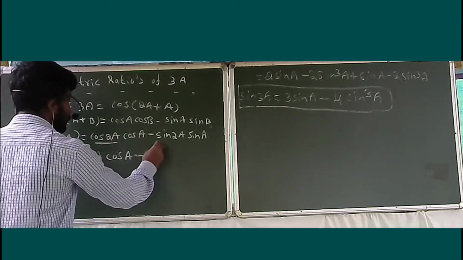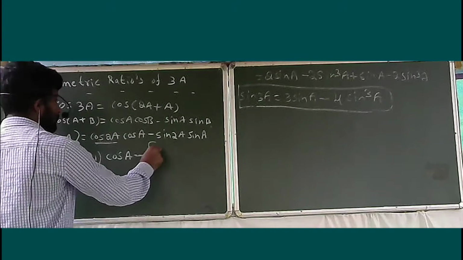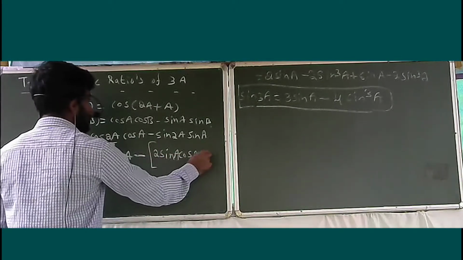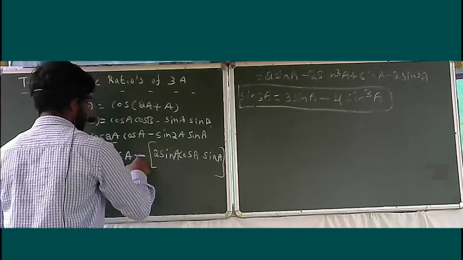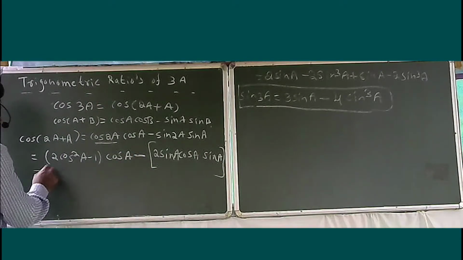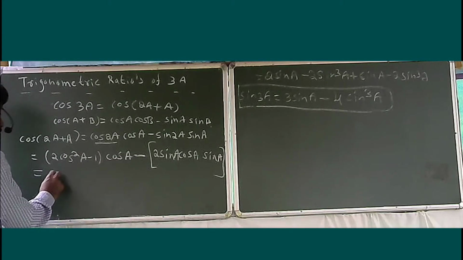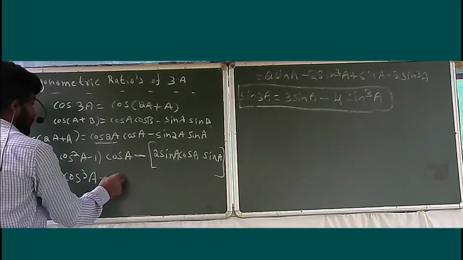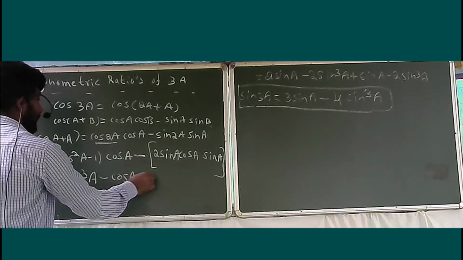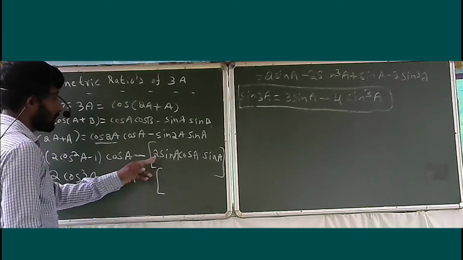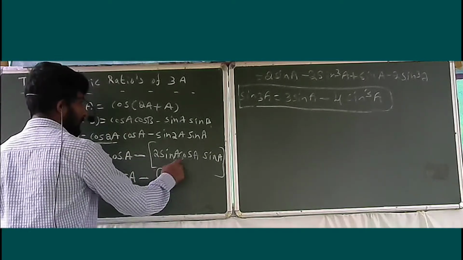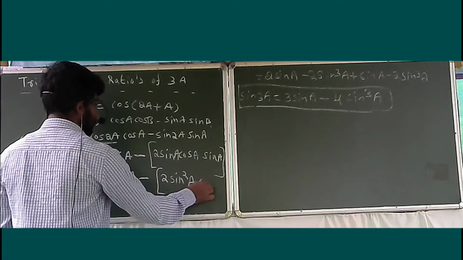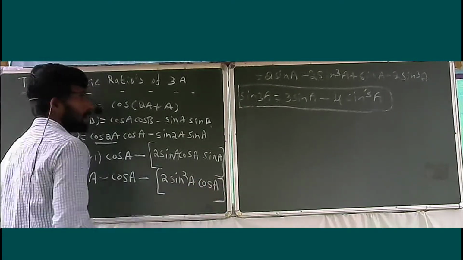Into cos a minus sin 2a. Sin 2a formula is 2 sin a into cos a, into sin a, keeping minus sign outside. Here multiply 2 cos square into cos a, 2 cos cube a. Cos a into minus 1, minus cos a. Keeping minus sign outside. Here see 2 into sin a into sin a, sin square a into remaining term cos a.